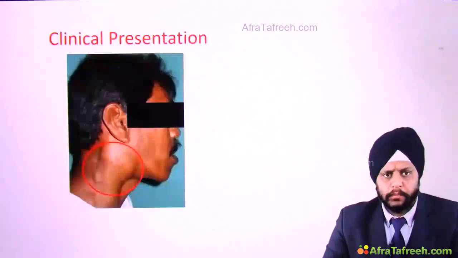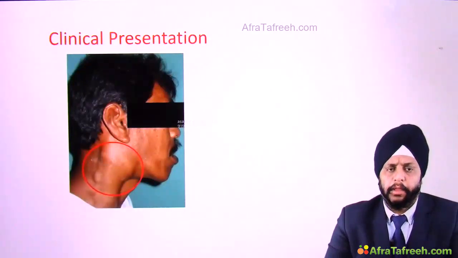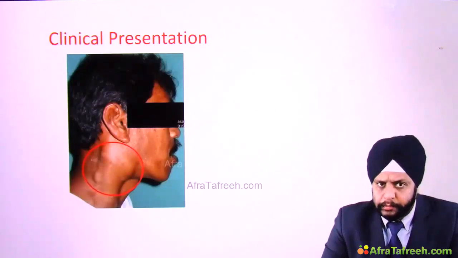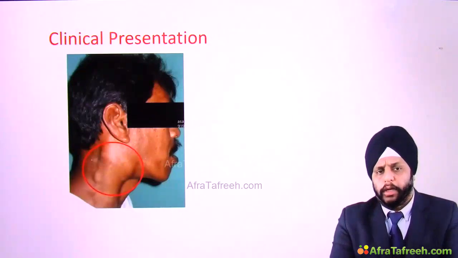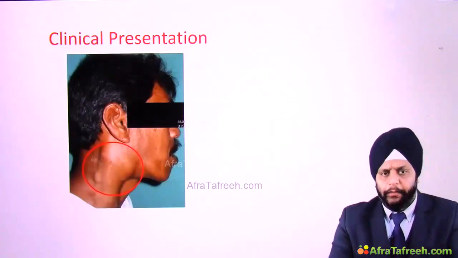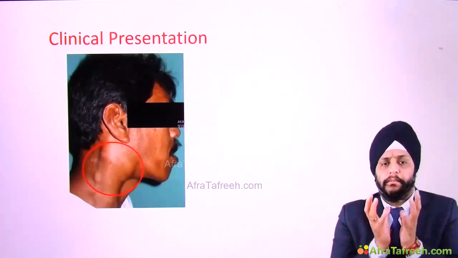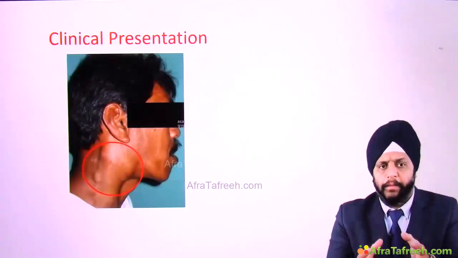Now, how does the NPC present? Remember, this is a malignancy. A tumor can be a benign tumor or a malignant tumor. If it is a benign tumor, it will grow and present with a mass effect. What do I mean by mass effect?